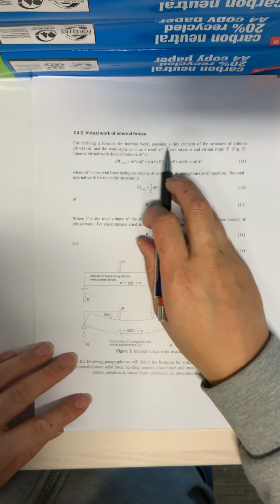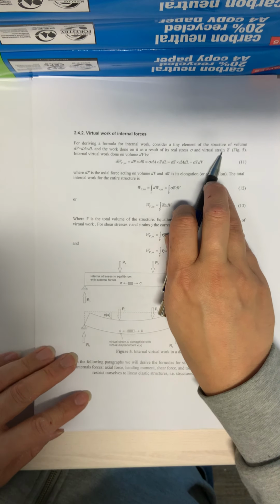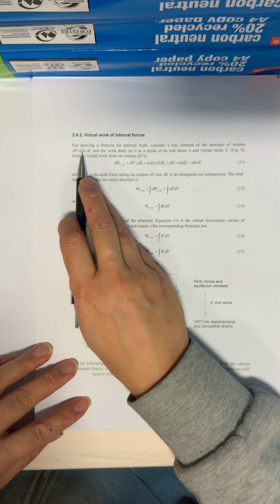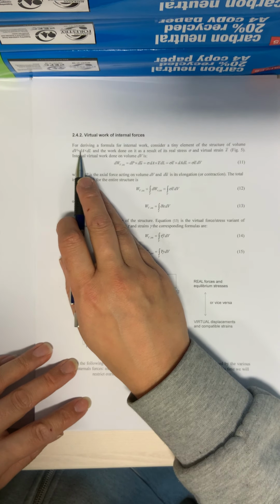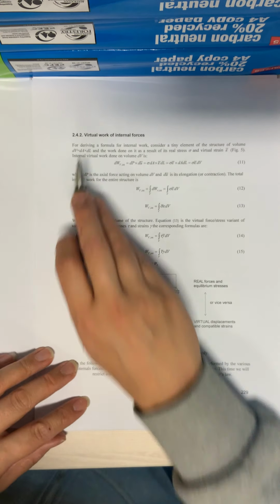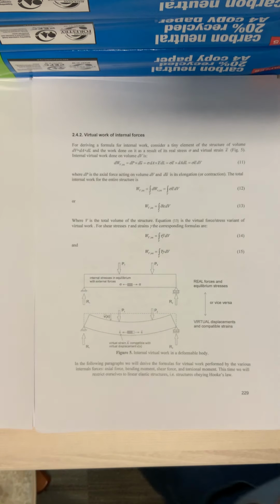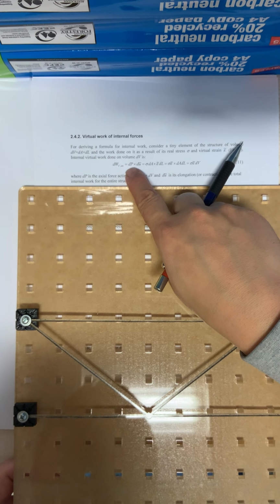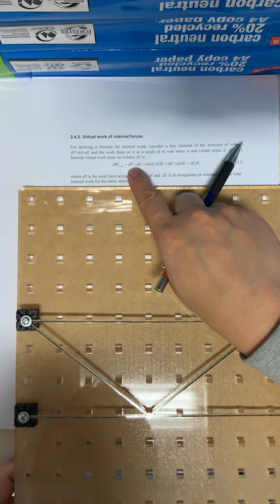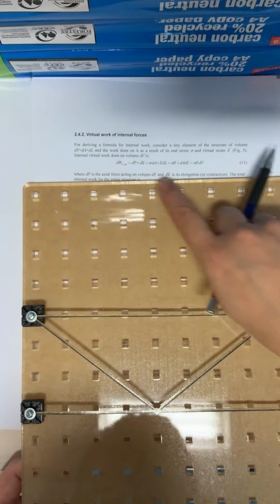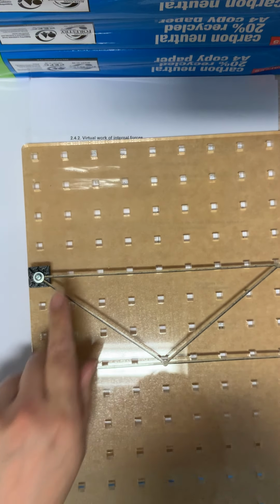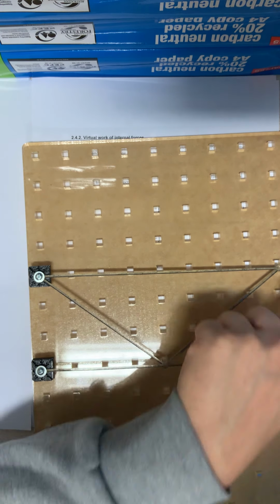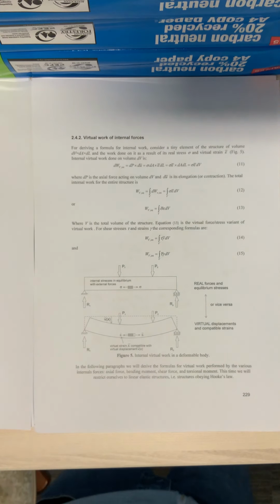So we consider a tiny element within the structure. dV, or the volume, is dA times dL. So this is why in the truss, which we saw here, the work done is equal to the axial force times the virtual displacement over the entire length, or the entire volume.